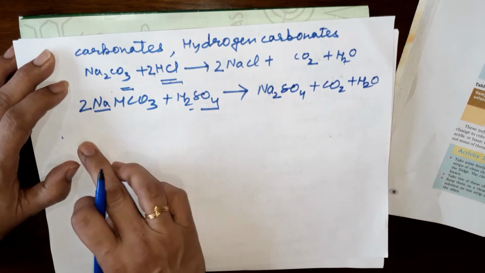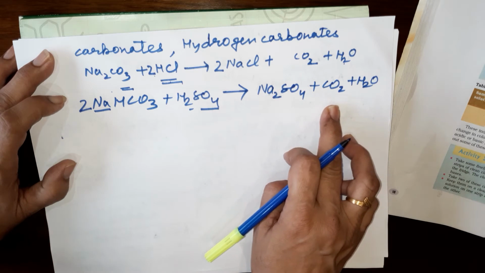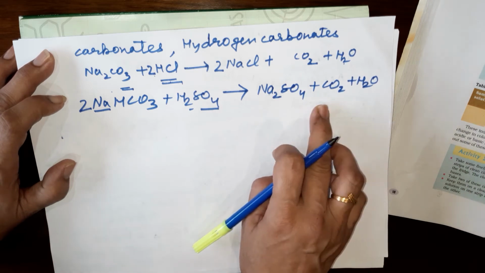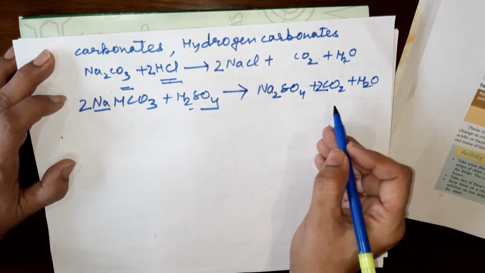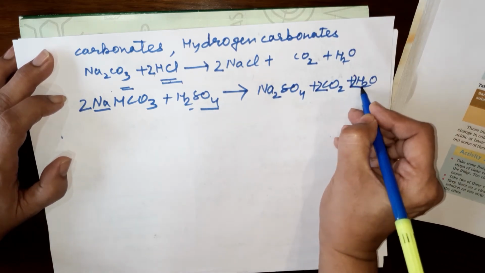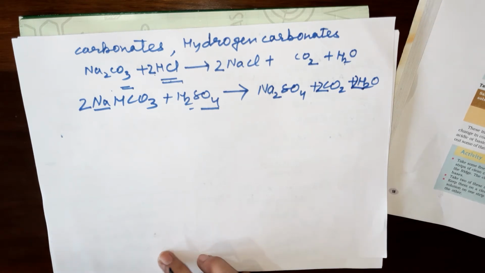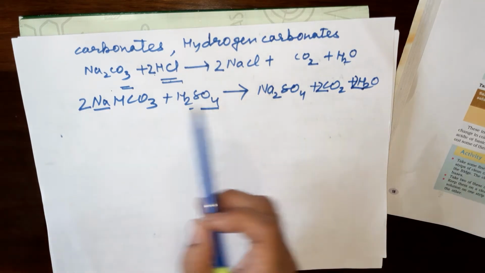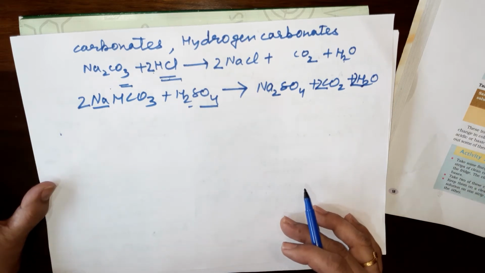SO4 is balanced. Carbon is also 2 here, but here carbon is only 1. So what you will do, you will write here 2. Now carbon is also balanced, now the reaction is balanced. So this way when it reacts, it forms salt, carbon dioxide and water. So this reaction is clear to you.